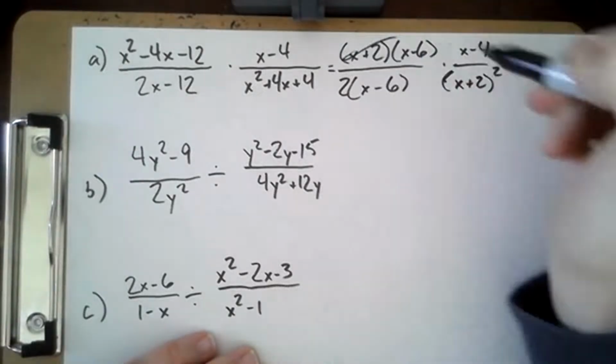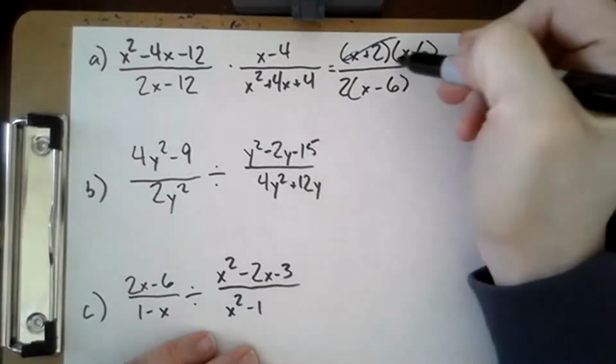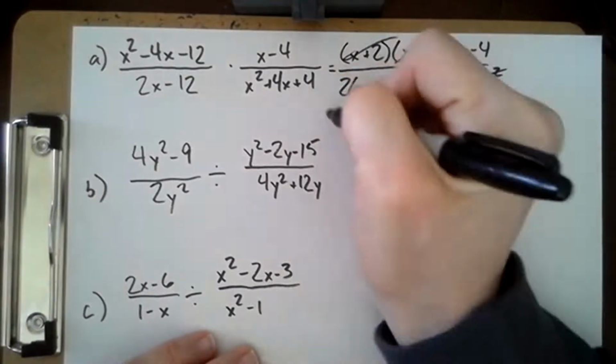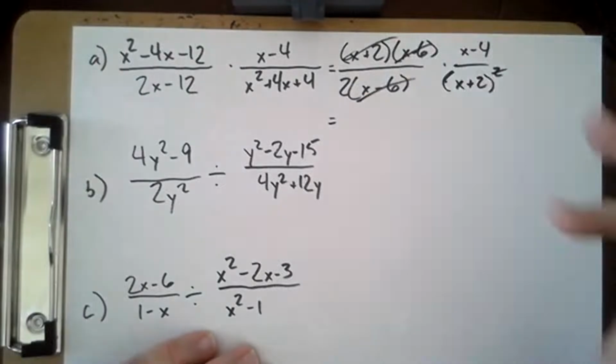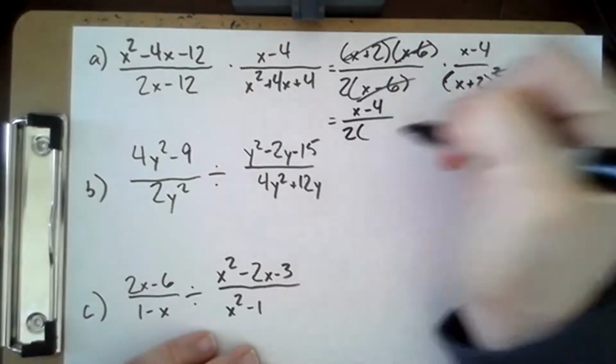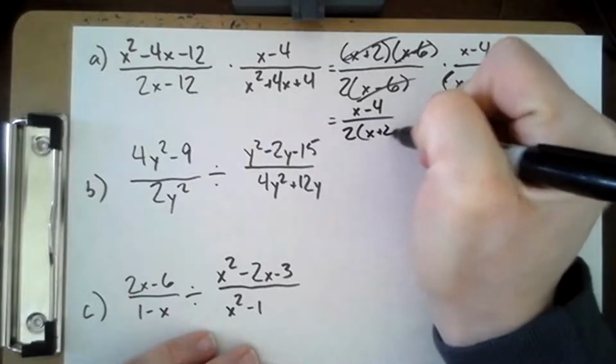Now I can cancel an x plus 2 and an x minus 6. We're left with x minus 4 over 2 times x plus 2.